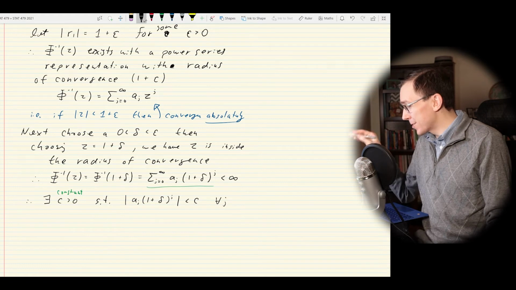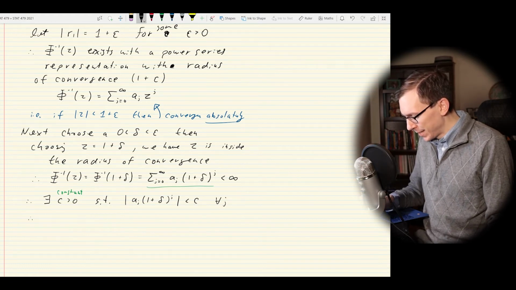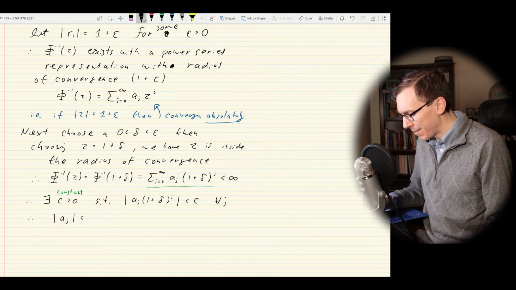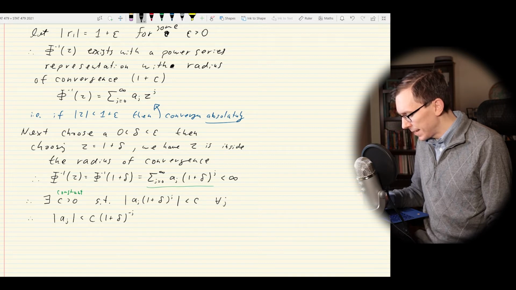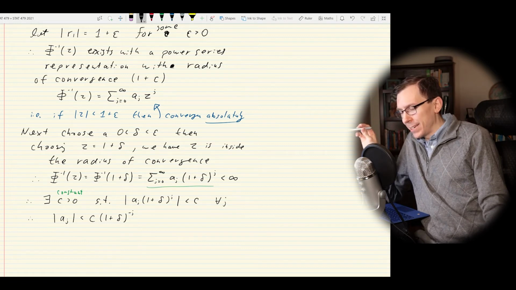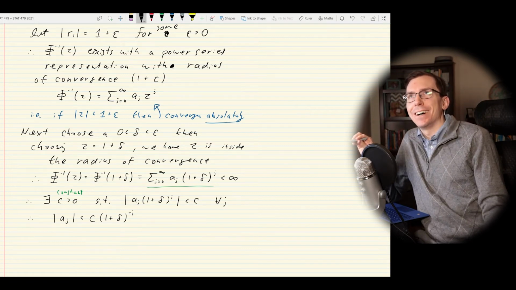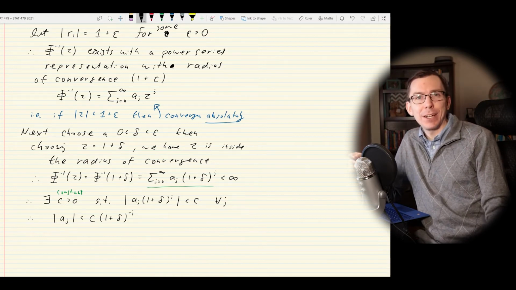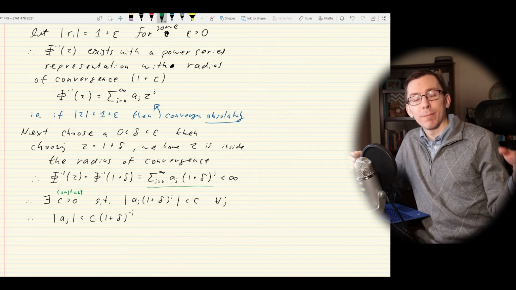Okay, so now we just rearrange the terms slightly, and therefore we have that the absolute value of aj is bounded above by C times 1 plus delta to the minus j. So what we have here is an upper bound on how slowly the aj's can go to 0, and they have to go to 0 in this geometric fashion with a rate of 1 plus delta.